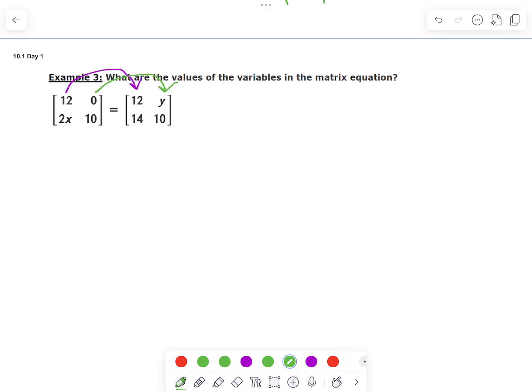So when we look at that variable y, what does y equal? Well, that's going to equal 0. I'm going to go down to the bottom. The bottom two are matching elements. So then 2x equals 14. And then what we do in this equation, we have to solve it, like we'd solve any linear equation.